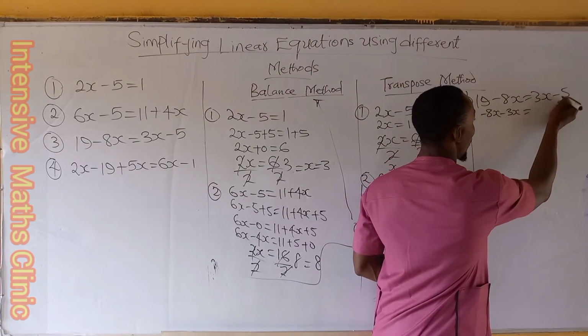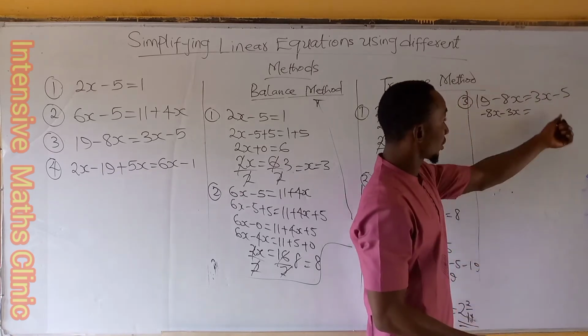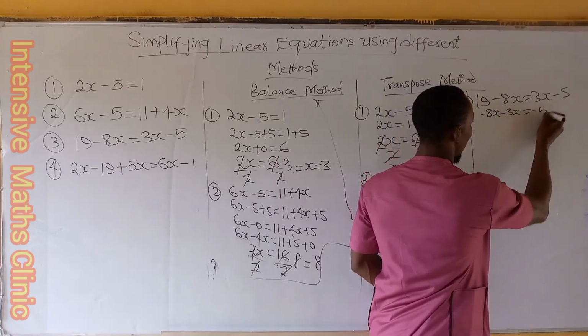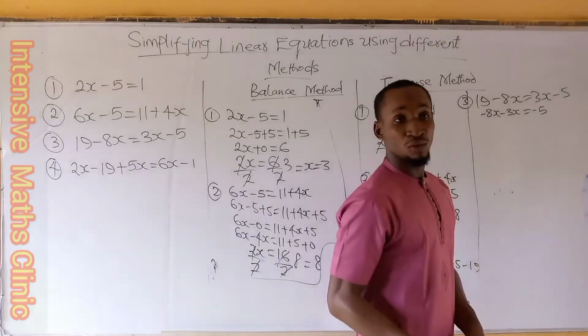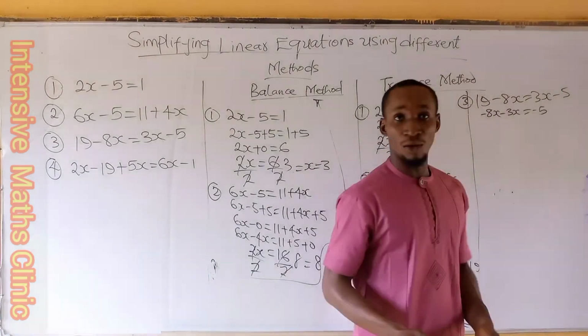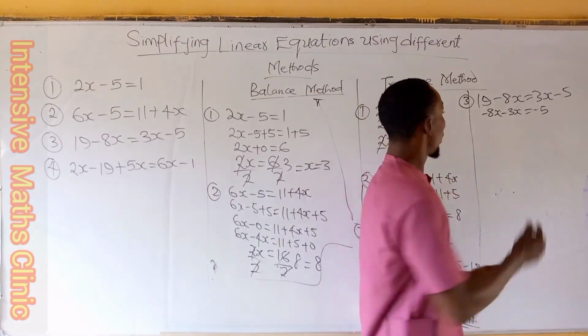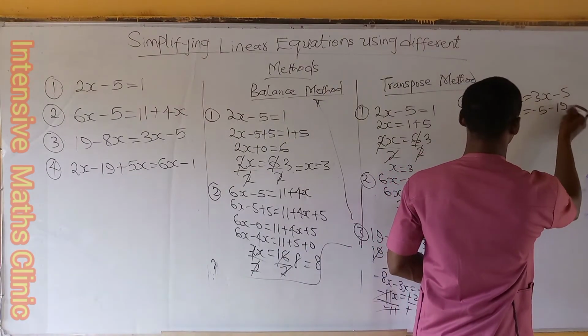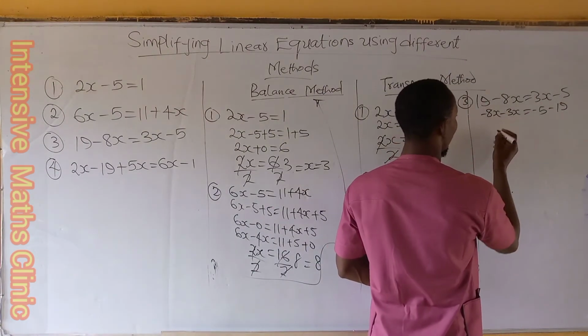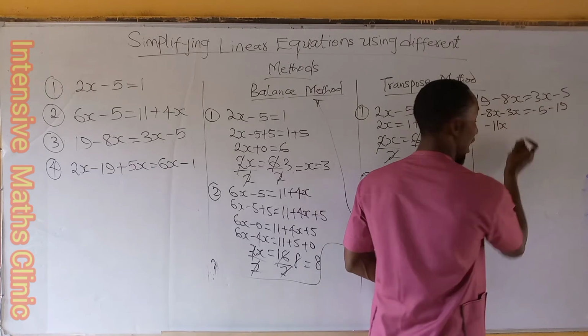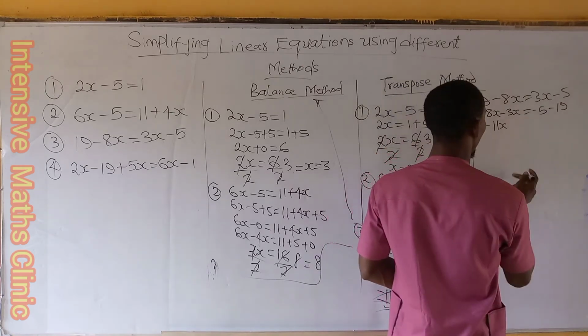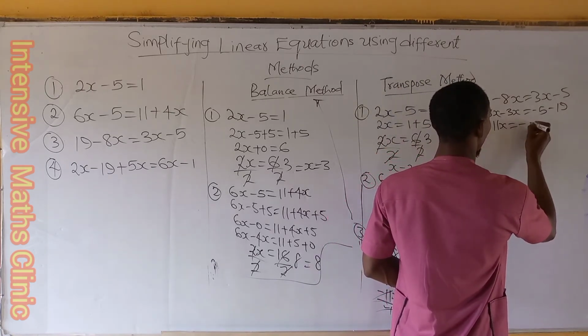Equals minus 5, then we take this 19, which, as it moves to the other side of the equation, becomes minus 19. Minus 8 minus 3 is minus 11x, equals minus 24.